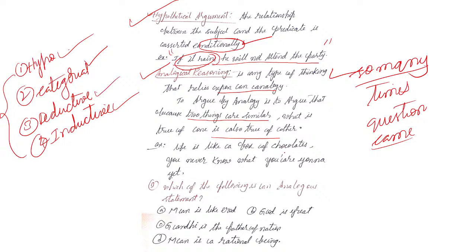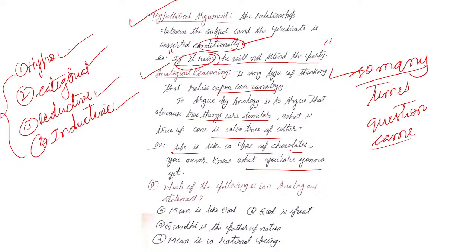Life is like a box of chocolates. You never know what you are gonna get. We are comparing life with a box of chocolates. If we eat chocolate we will get something tasty and very sweet. Like that, life is also a box of chocolates, we will get sweet things in our life.